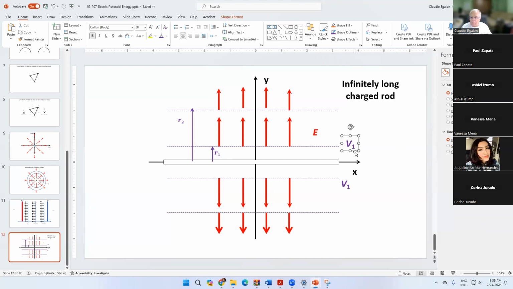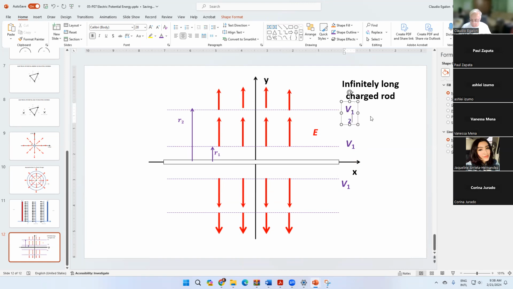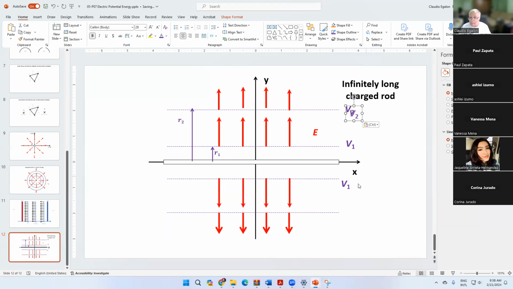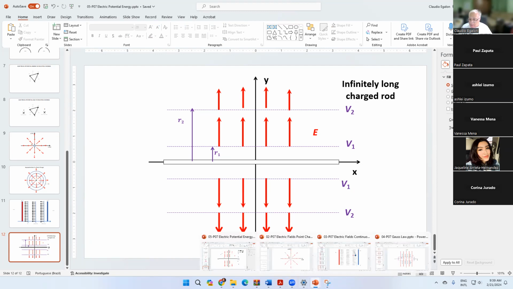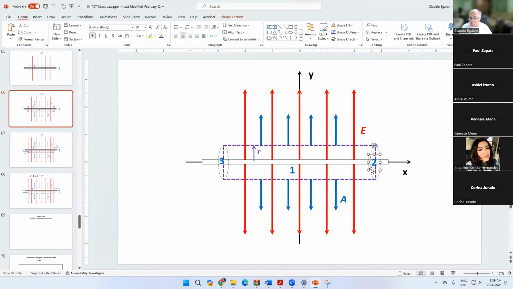And the next one here is going to be V2. Okay. So try to picture a cylindrical surface. And I'm going to emphasize that this is a cylindrical surface by drawing this little cap here.